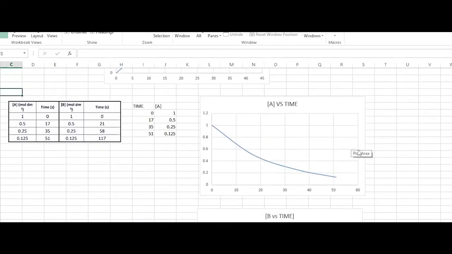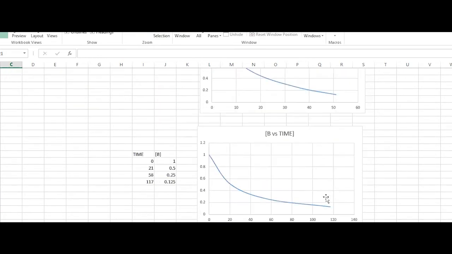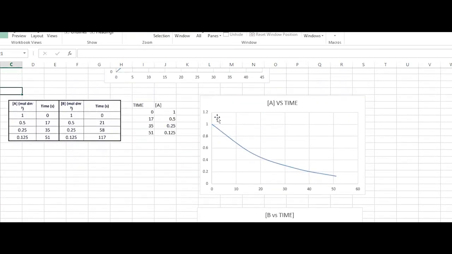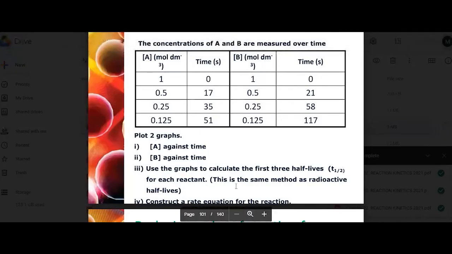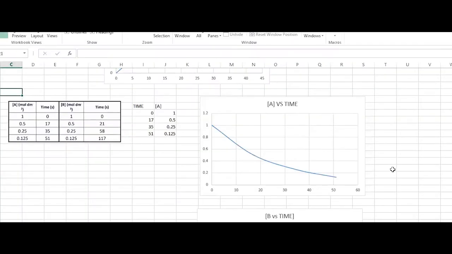Okay, this is my graph. You can see that this is the graph of concentration A against time, and this is concentration B against time. Use the graphs to calculate the first three successive half-lives for each reactant and construct the rate equation for the reaction. Now let's do this.